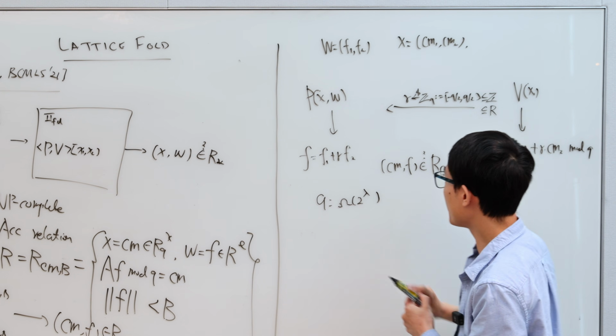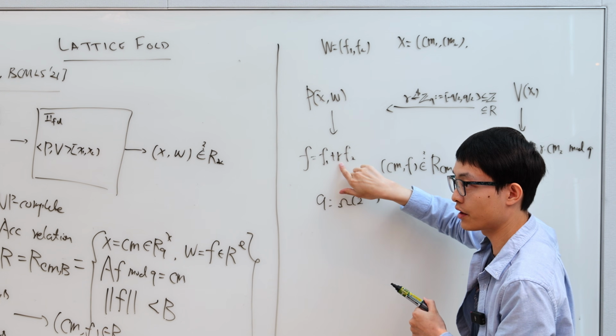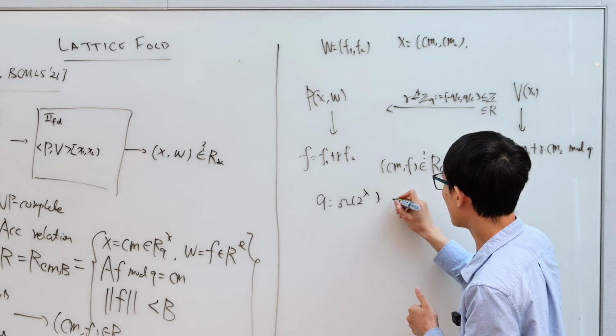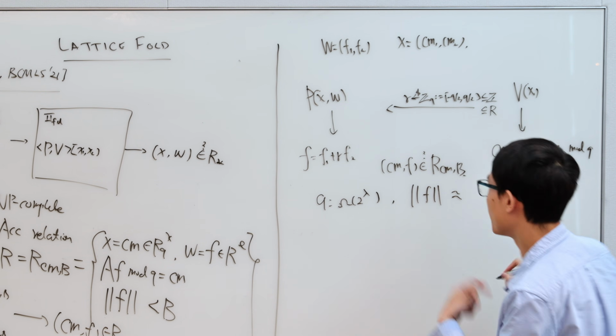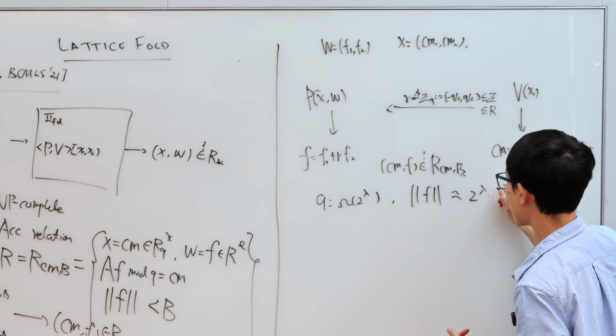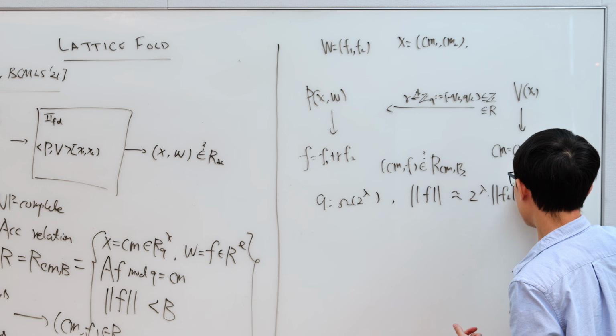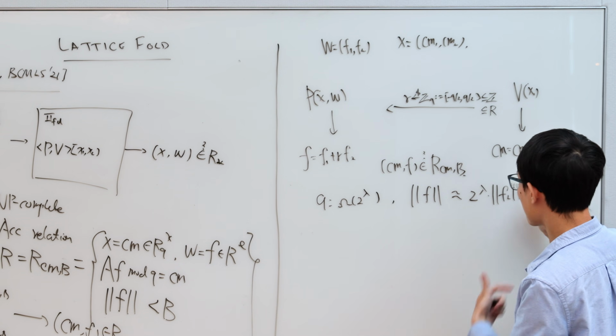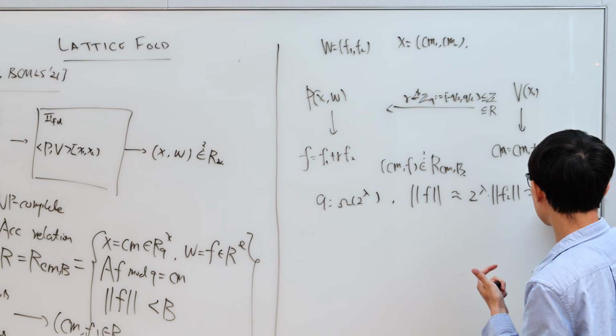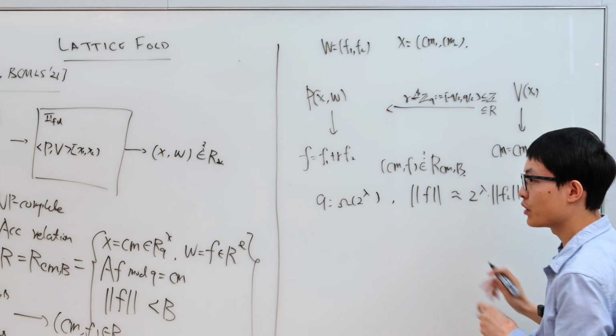But that also means this number can be quite large. In the worst case, the norm of F can be as large as 2 to the lambda times the norm of F2. F2 is bounded by B but might be approaching B, so in the worst case this can be as large as 2 to the lambda times B, which is super large.